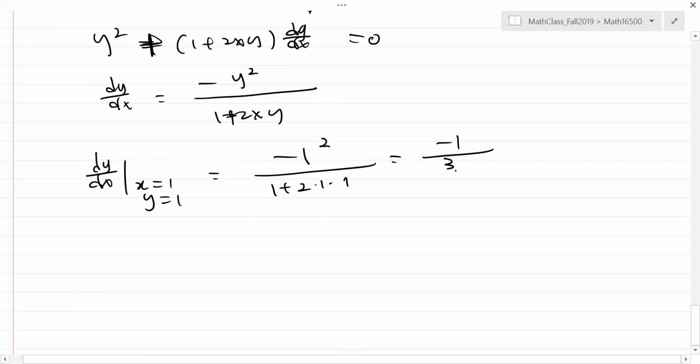There are some problems where you can solve the function for y, but in some cases you cannot solve it. For example, take sine of x plus y equals x minus y.